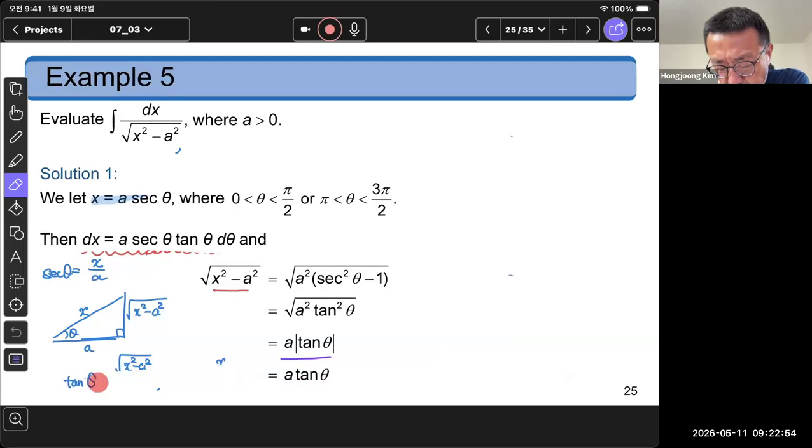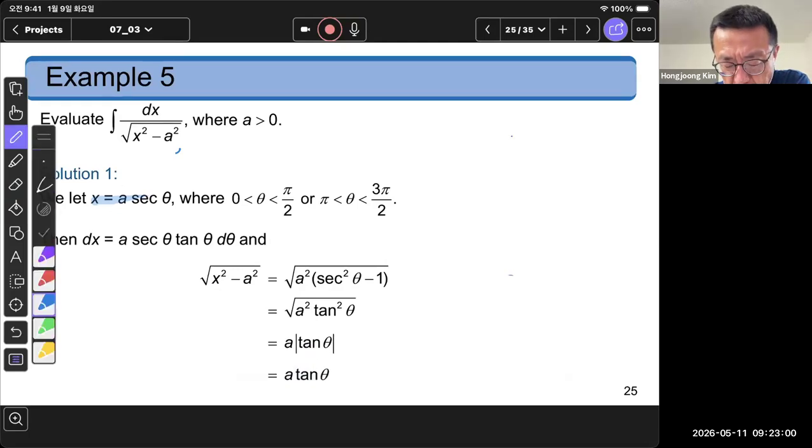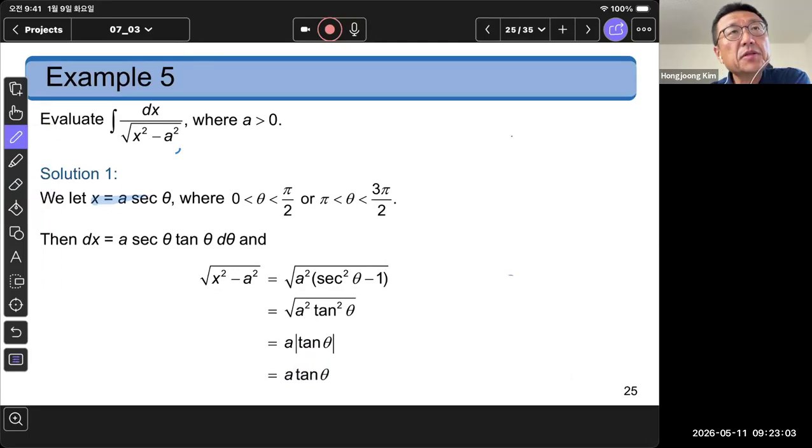One of the mistakes that students frequently make for this example is that since I have some number minus something, some students in the past substitute x with a sine theta.